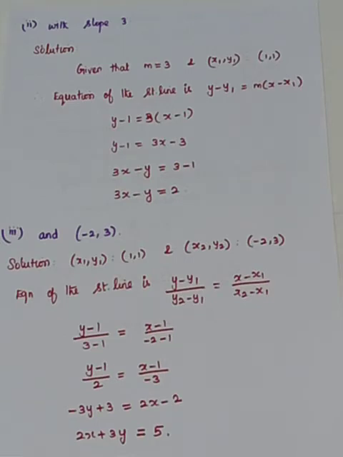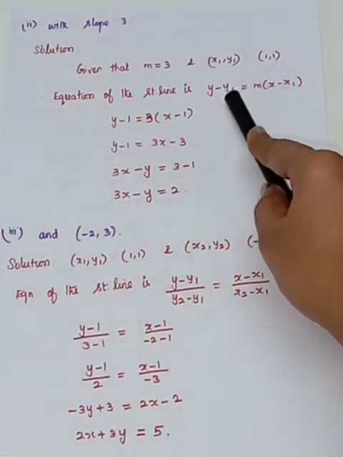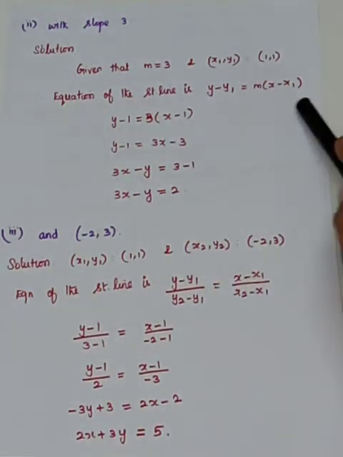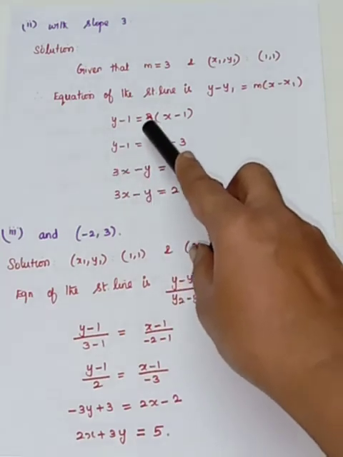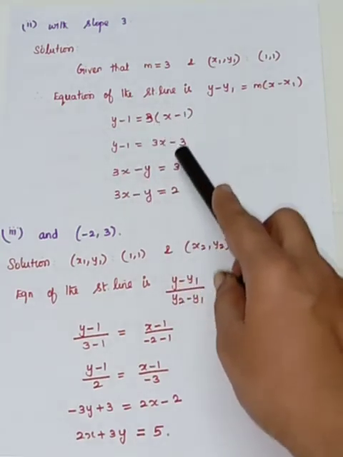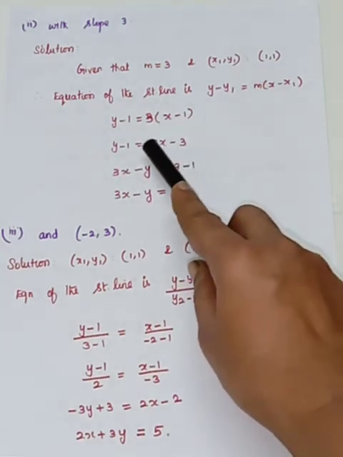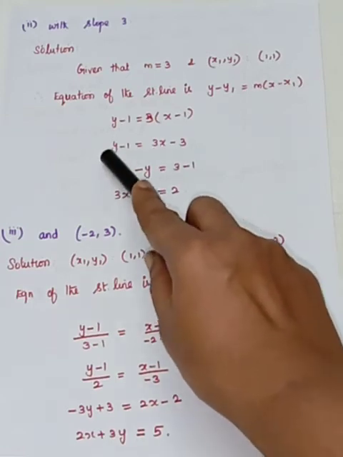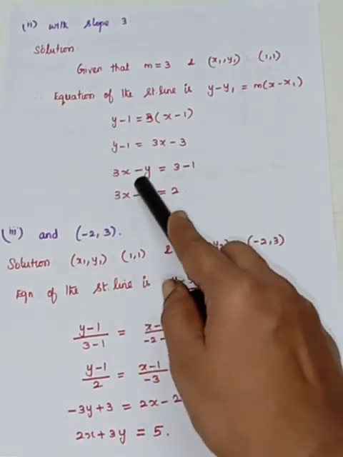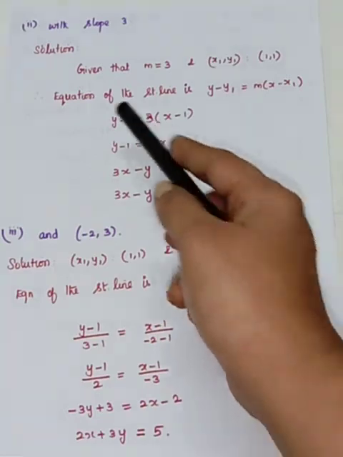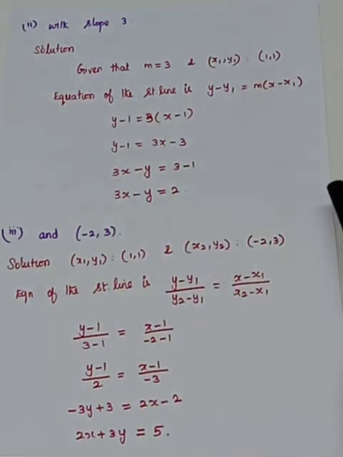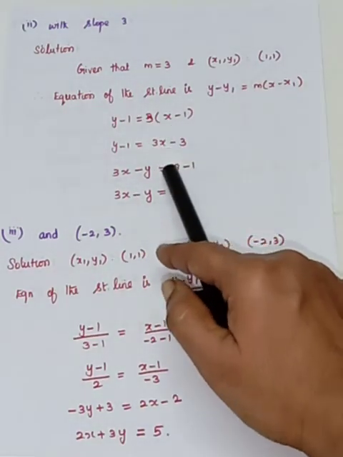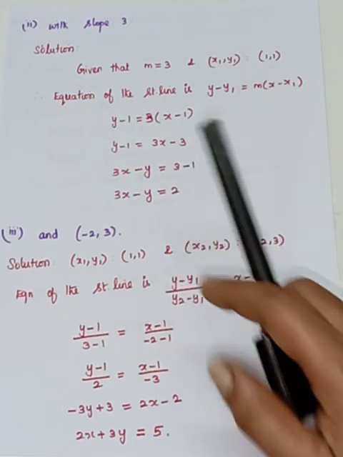What are x1, y1? The passing point 1 comma 1. So if you substitute 1 in place of y1 and 1 in place of x1, you get 3x, 3 into minus 1, that is minus 3. If you arrange 3x and bring y to the other side, 3x minus y is equal to minus 3. When you bring it to the left side, it is plus 3, so 3 minus 1 is 2.